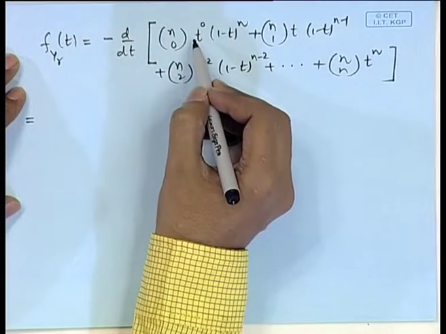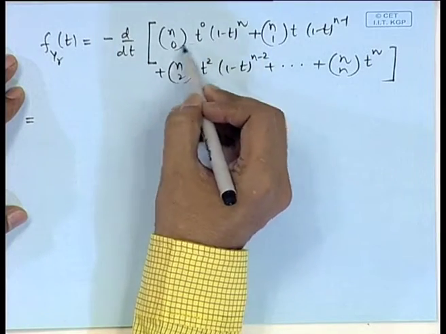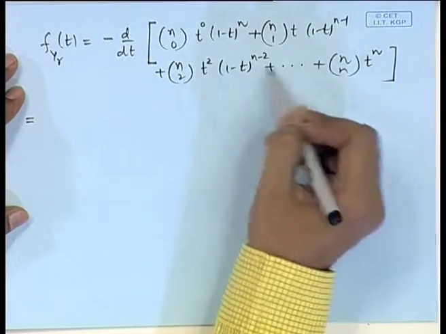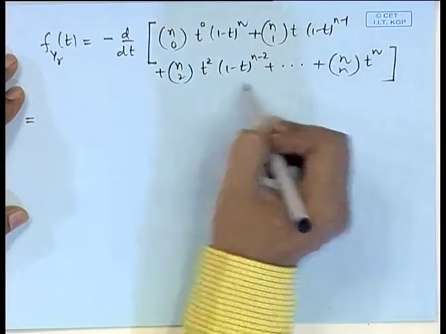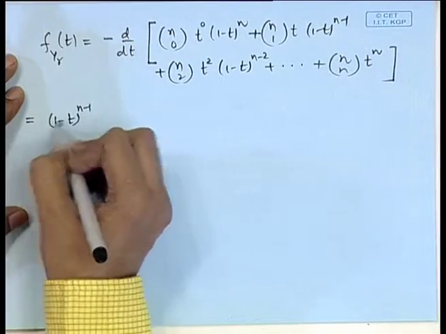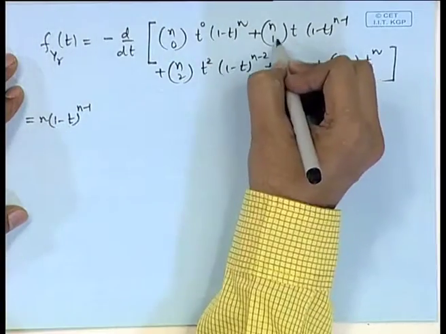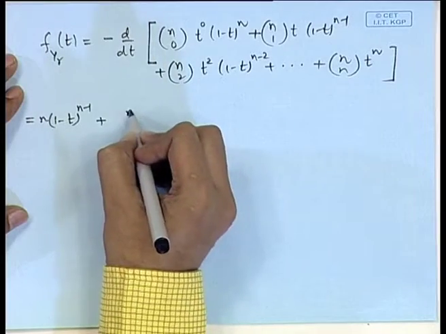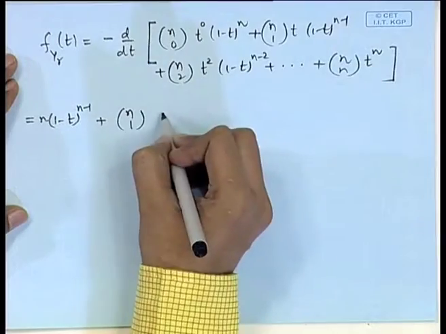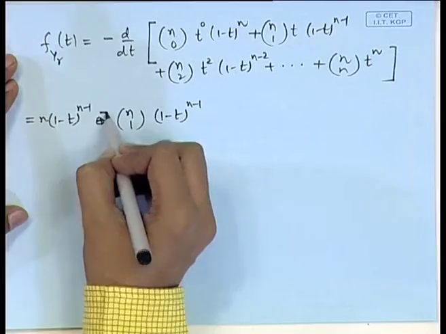So, the derivative of this will give us, term by term differentiation. Each of the terms is a product of two terms except the first and the last. So, in the first one we will get (1 minus t) to the power n minus 1, there is a minus sign here, plus nC1. Now, the derivative of this one will give simply (1 minus t) to the power n minus 1, and there is a minus sign, so this will become minus.